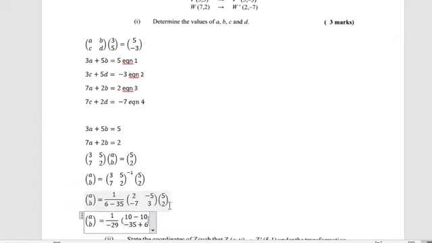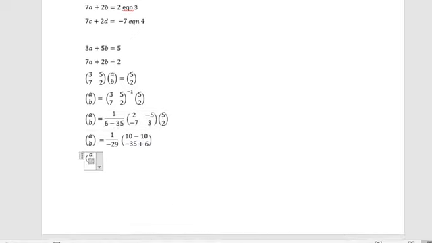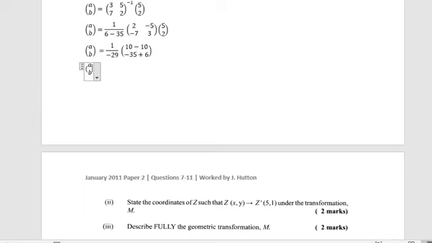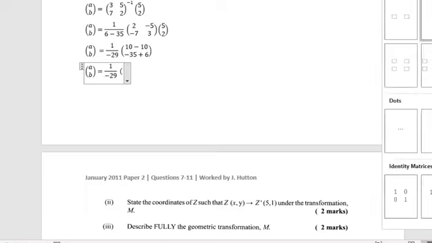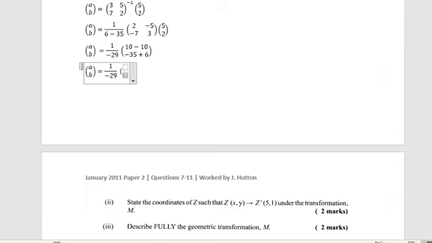So when we work that out, A B is equal to 1 over minus 29, and in the bracket we have 10 minus 10 is 0, and minus 35 plus 6 will leave me with a minus 29.